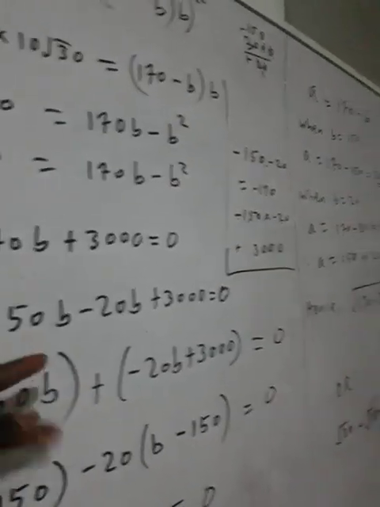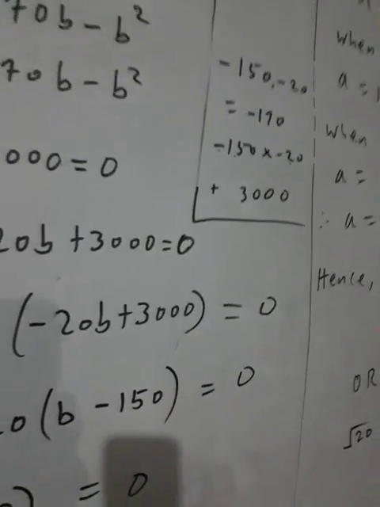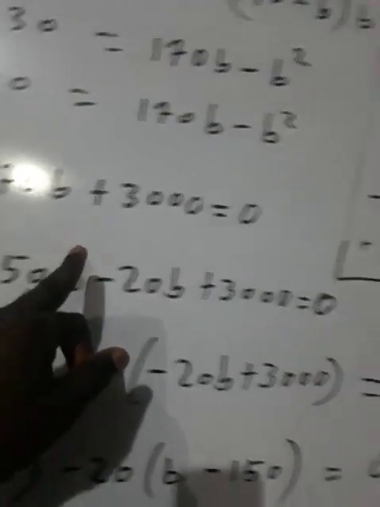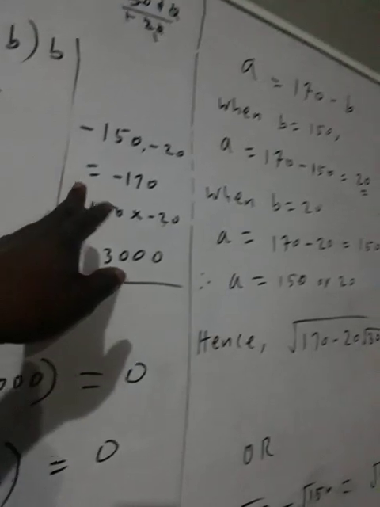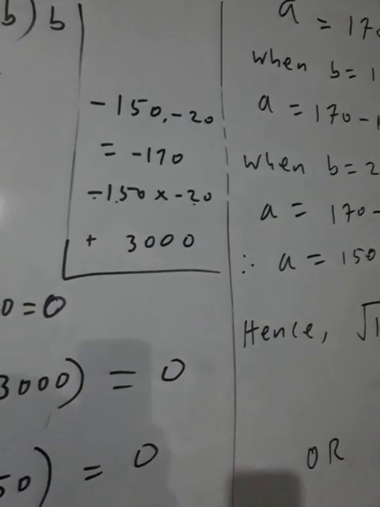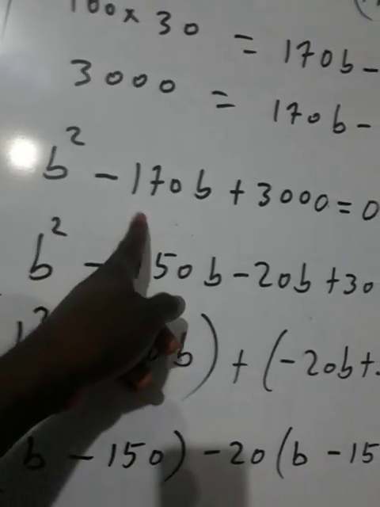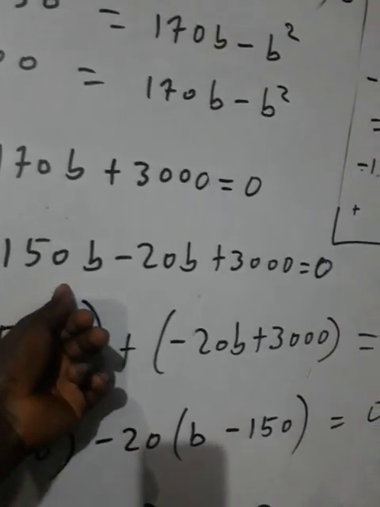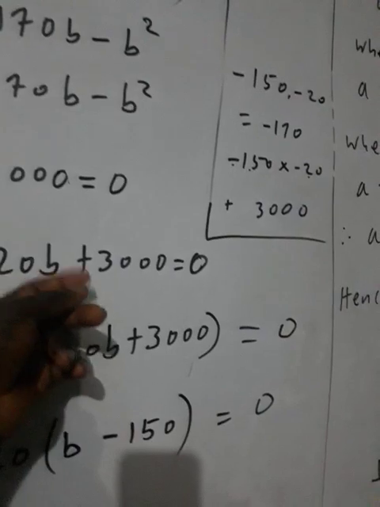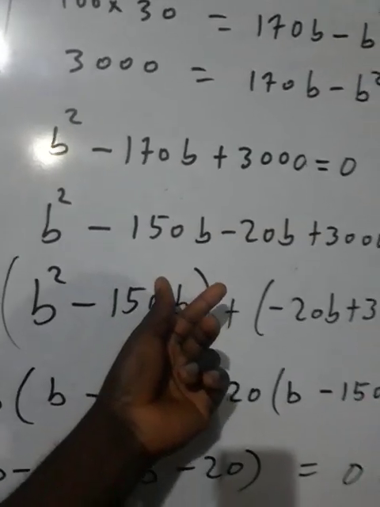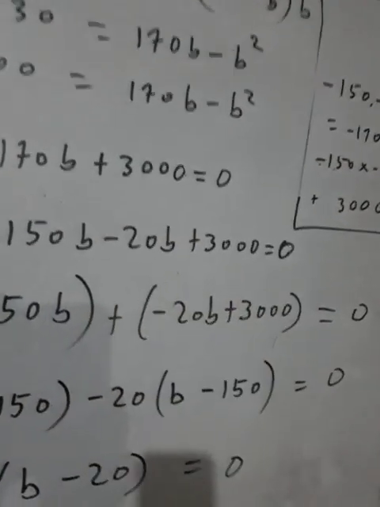Factorizing, we have two numbers that add to give us minus 170, and the product is 3000. The two numbers are minus 150 and minus 20. So substituting minus 170b with minus 150b minus 20b, we have this equals to 0.